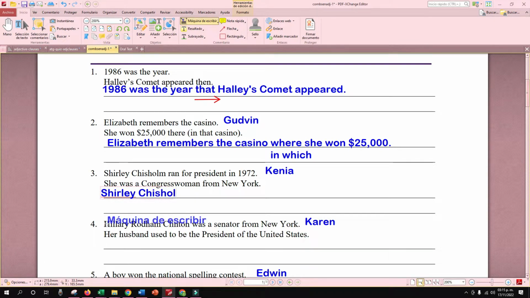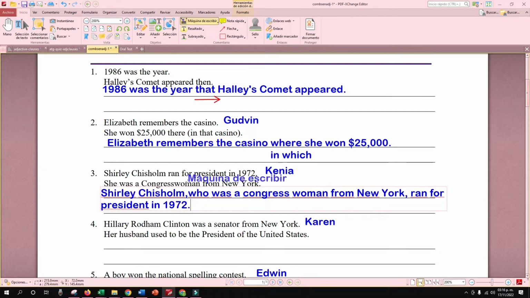Say, who was a congresswoman from New York, ran for president in 1972, right?